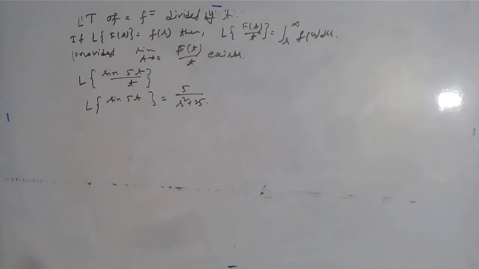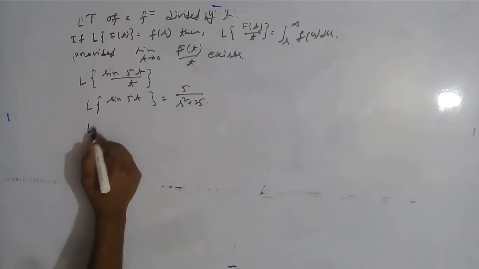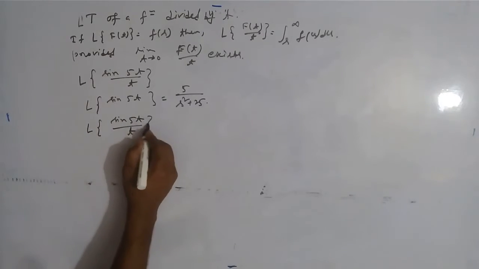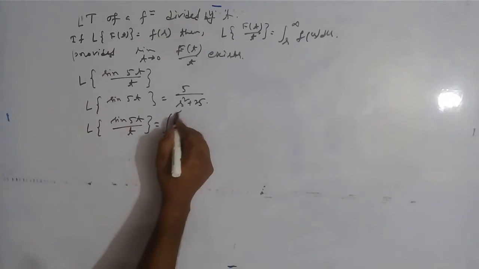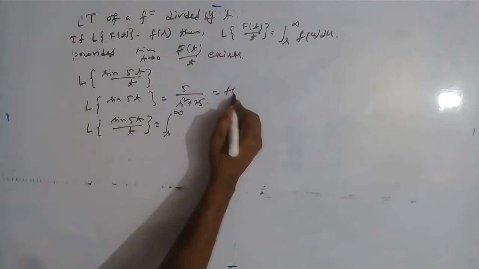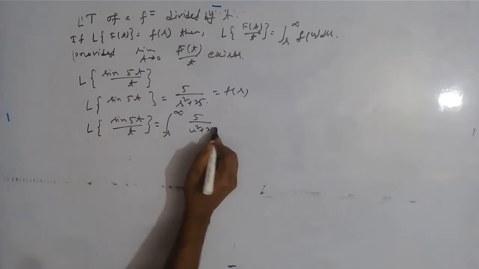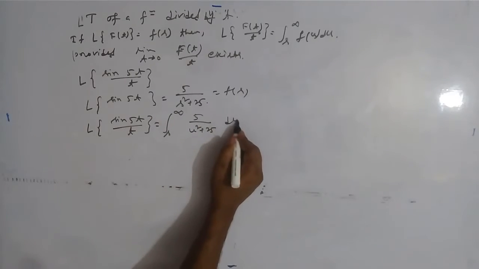Now sin 5t is divided by t, so L of sin 5t by t will be equal to the integral from s to infinity, and this was F(s), so it will be 5 by u square plus 25 du.